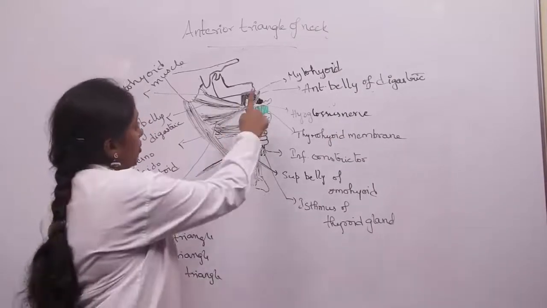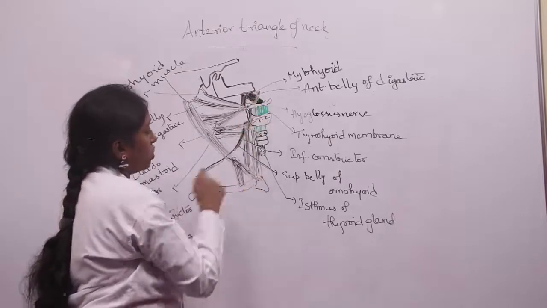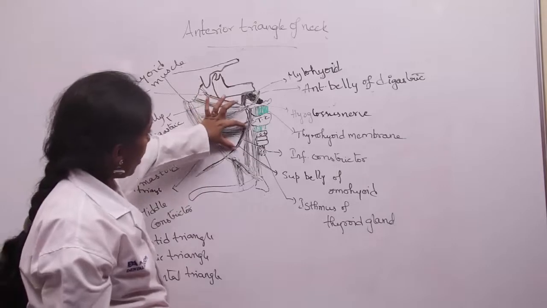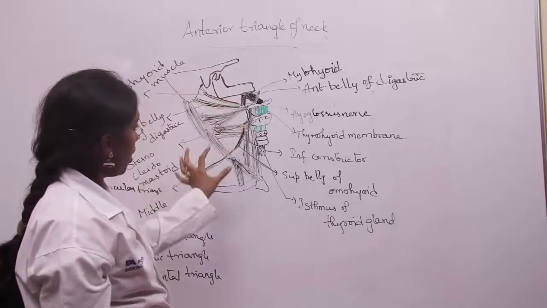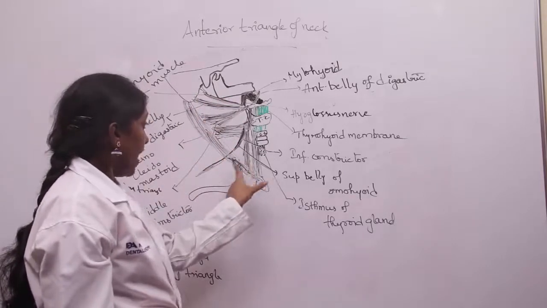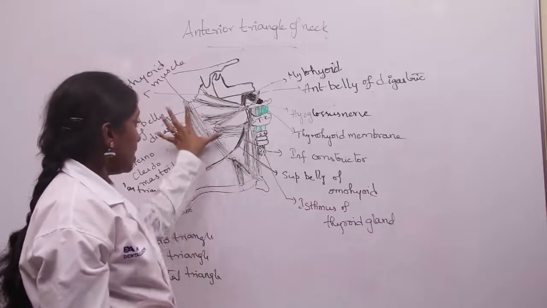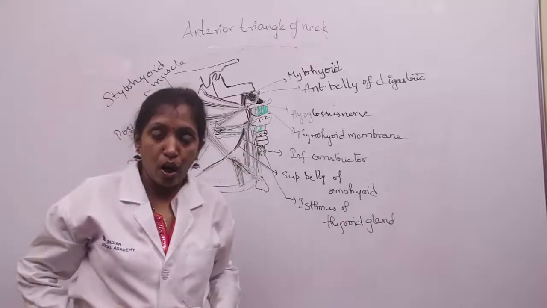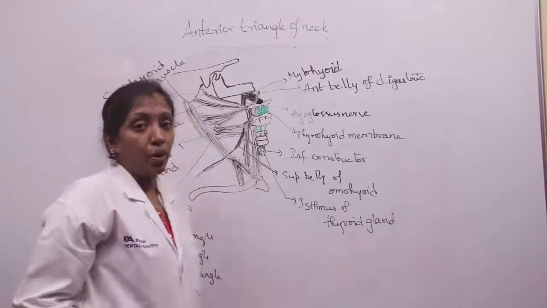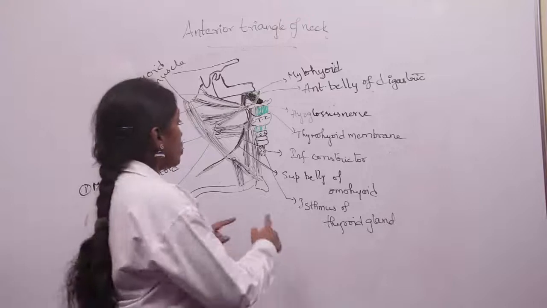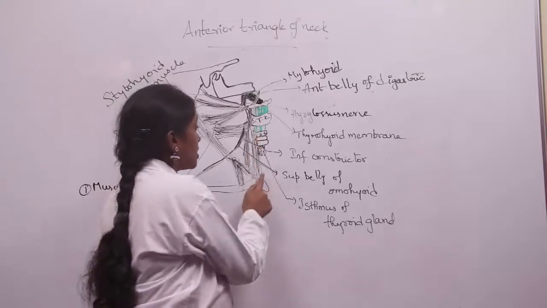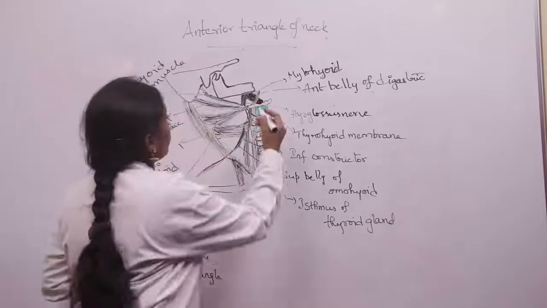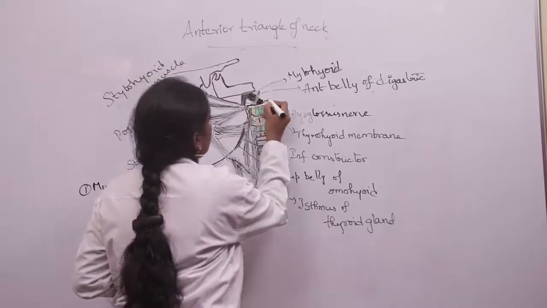So the muscular triangle extends from the symphysis menti to the suprasternal notch, and behind and above we have the superior belly of omohyoid, and behind and below we have sternocleidomastoid. Coming to the floor of the muscular triangle, it is formed by sternohyoid and sternothyroid muscles. Sternohyoid muscle is superficial and converges above, extending from the sternum to the hyoid bone, and here is the hyoid bone.